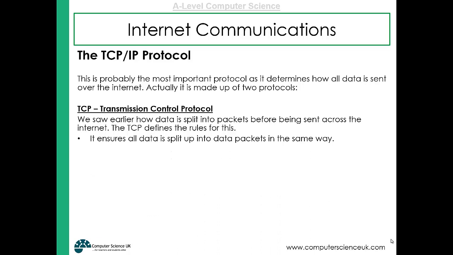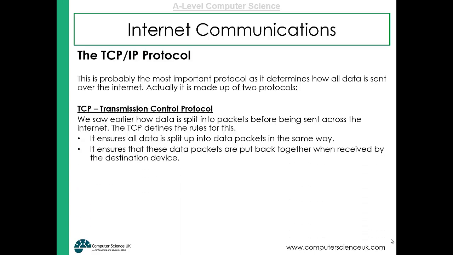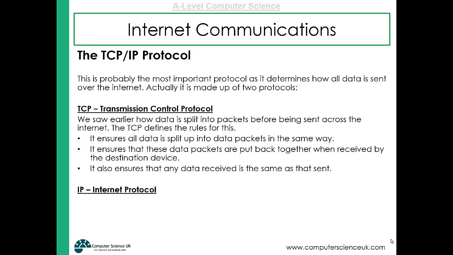It ensures that all data is split up in the same way, so data packets are created in the same way. It ensures that these data packets are put back together at the destination device, and that data received is the same as that sent. If you remember, data packets have an error check, and the Transmission Control Protocol ensures that data packets do have those things.